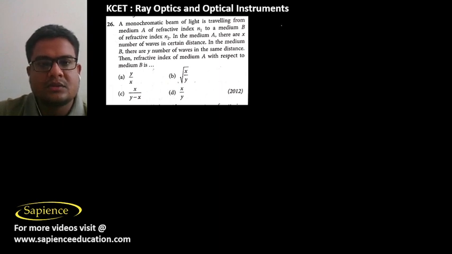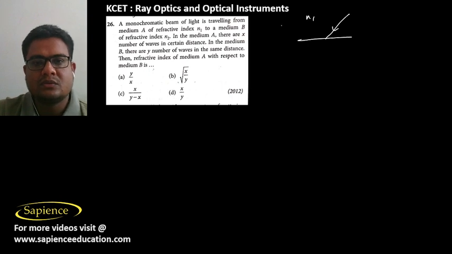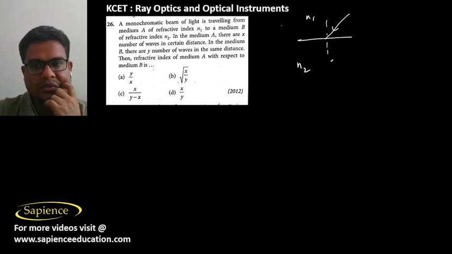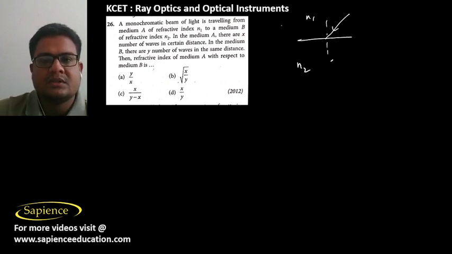Here a monochromatic beam of light is traveling from medium A of refractive index n1 to a medium B of refractive index n2. In medium A, there are x number of waves in a certain distance.